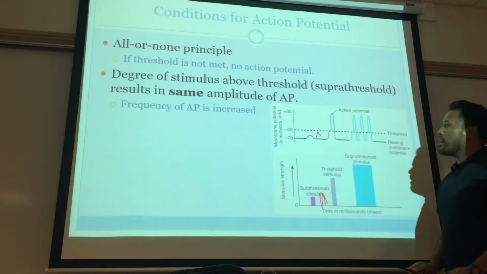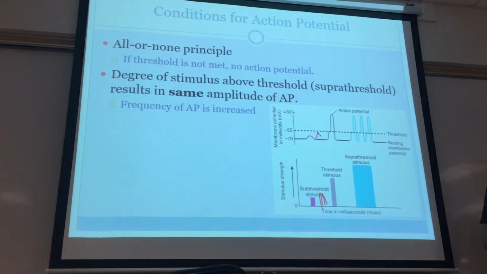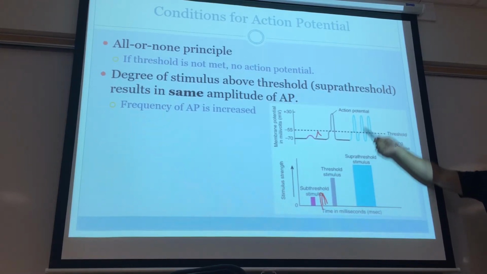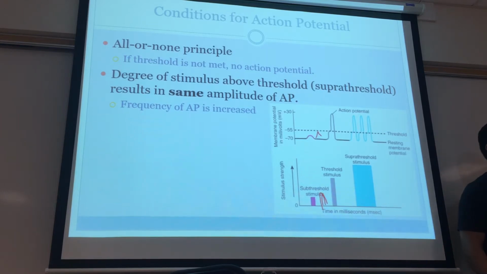So the question is, if I get a subthreshold stimulus, what's the main difference? What's happening to that neuron if I jabbed you with something, a suprathreshold stimulus? You don't feel a higher stimulus. Not a higher magnitude. It just means that that neuron is going to fire a bunch of times. So in other words, suprathreshold stimuli result in increased frequencies of action potentials.